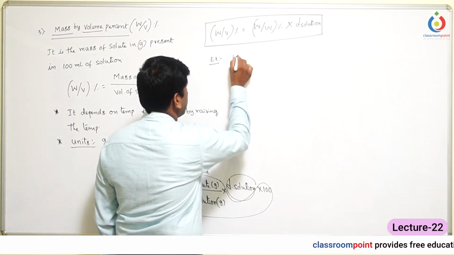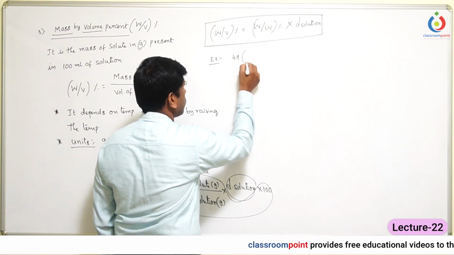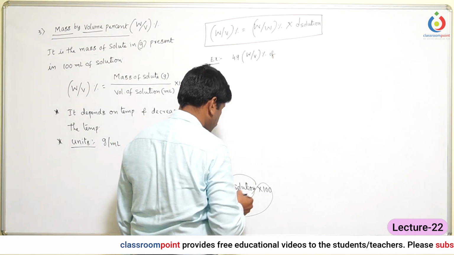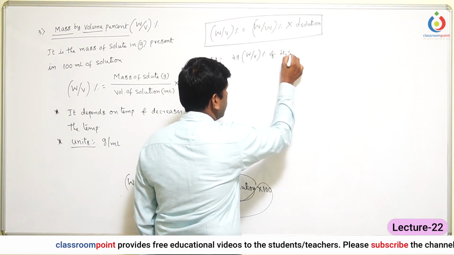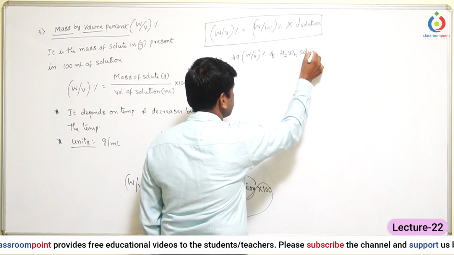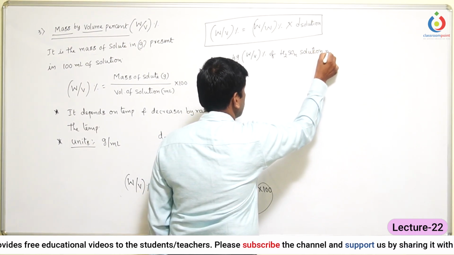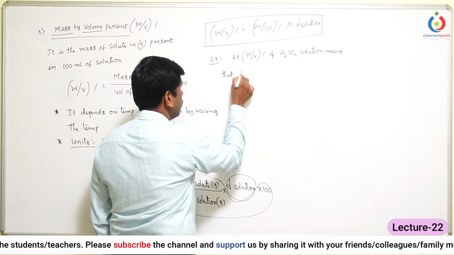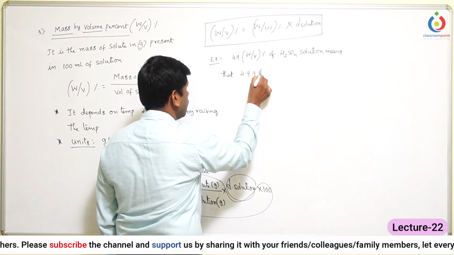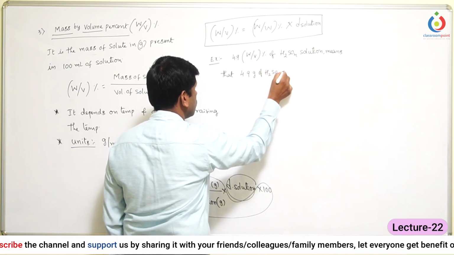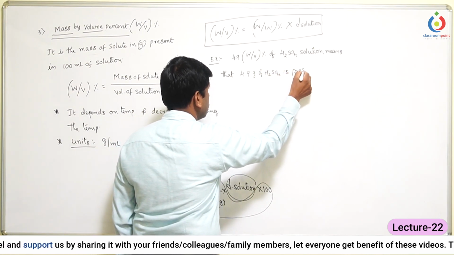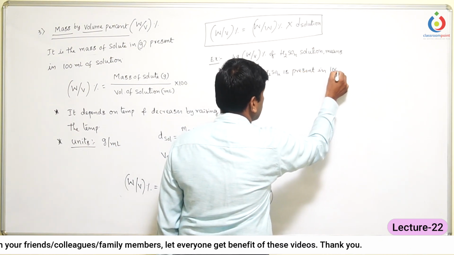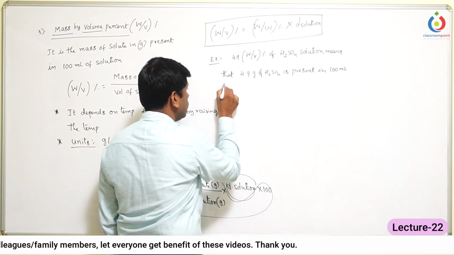Imagine 4.9 W by V percent of H2SO4 solution means that 4.9 grams of H2SO4 is present in 100 ml of solution.